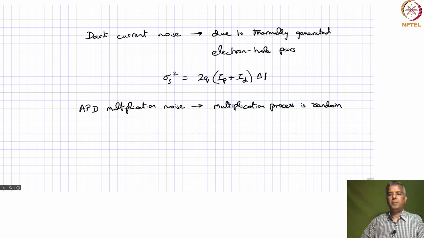Okay, and what we also saw was that if you have both carriers participating in the multiplication process, the corresponding variation in the gain is even more.